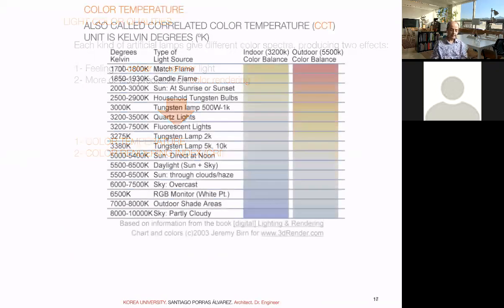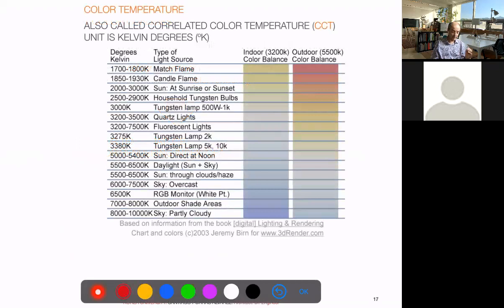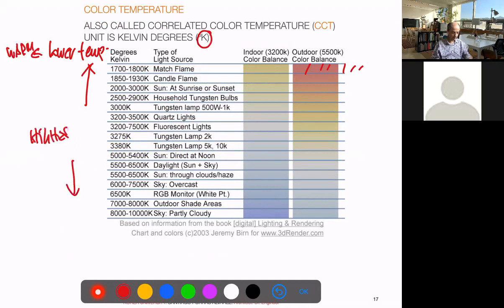To give you an idea, color temperature is measured in Kelvin degrees, and it seems counterintuitive because lower temperature makes more red, more warm light, right? So this lower temperature means warmer color, and higher temperature means a cooler color.